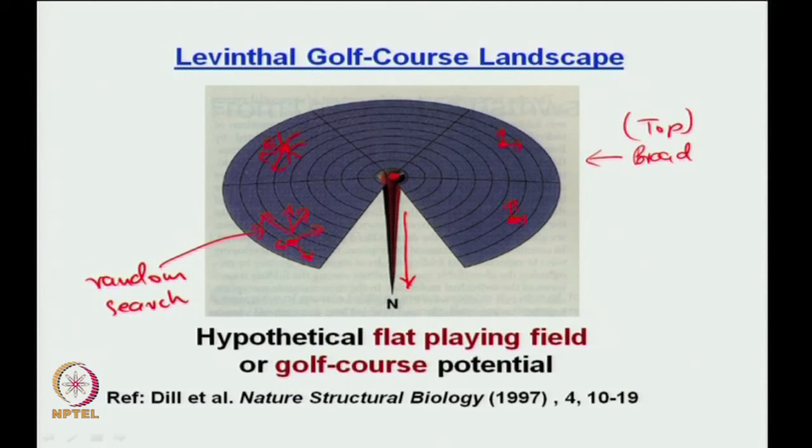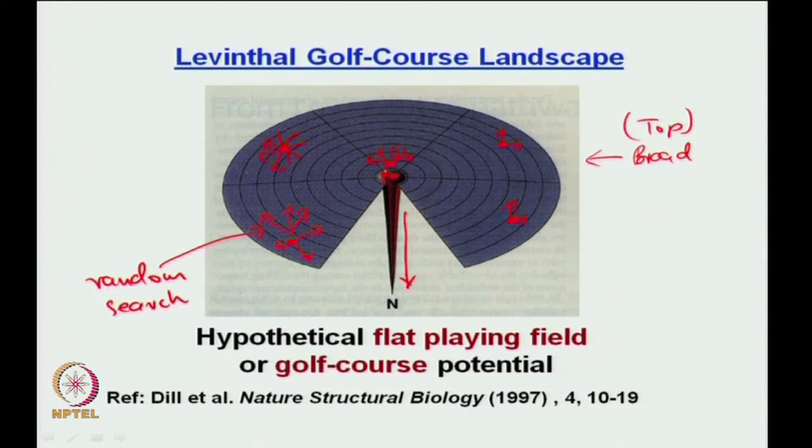Now, look at something which I have drawn here. Let me draw another one somewhere here. If you look at this one now, say this is 1. So, what will happen is it can go this way, it can go this way, it can go this way, but the moment it comes this way, it immediately finds itself falling in the hole. Now it cannot go out of the hole, because the reverse is very steep. So, the moment it comes in, it goes straight in. Okay.